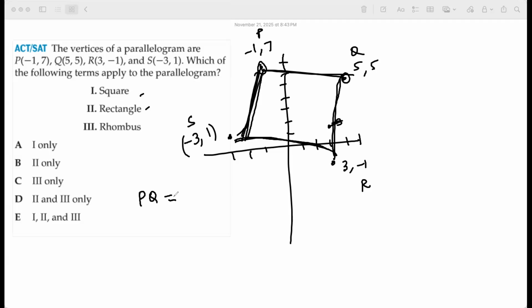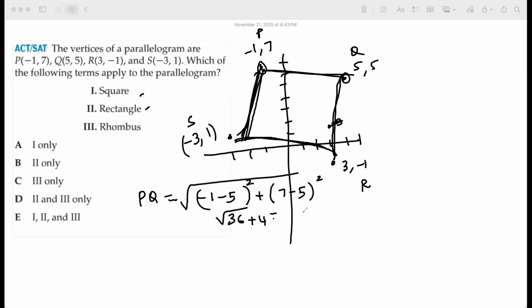Now you know what I'll go ahead and do? PQ is square root of (minus 1 minus 5) the whole square plus (7 minus 5) the whole square. It is 6 square, 36, plus 4. So square root of 40. This is what I have to do. There's no other go. QR is (5 minus minus 1) the whole square plus (5 minus 3) the whole square, the same thing, right?